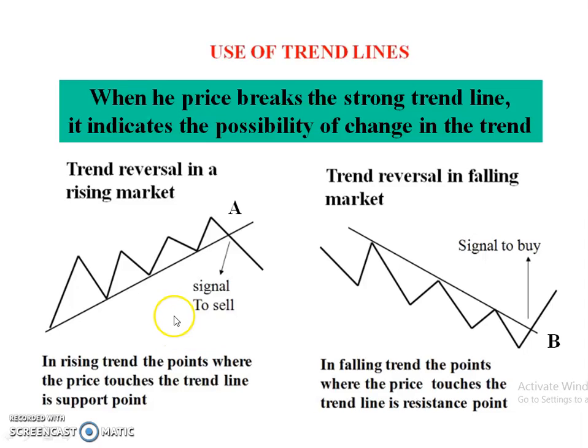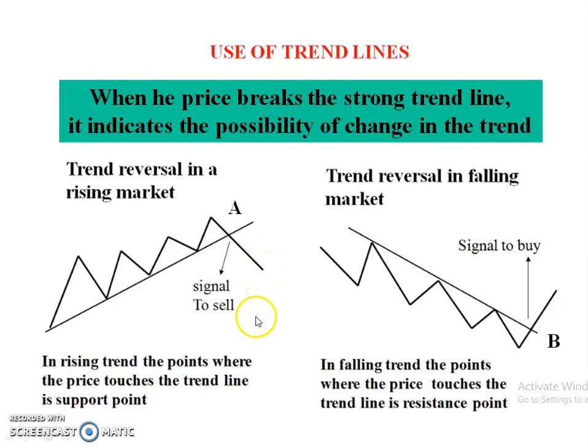If the stock price breaks this strong rising trend line, as indicated by the letter, and if the stock price starts falling in a downward direction, one can decide to sell the stock from his portfolio or short the future, because the violation of the trend line by the stock price indicates a possible change in the previous uptrend.